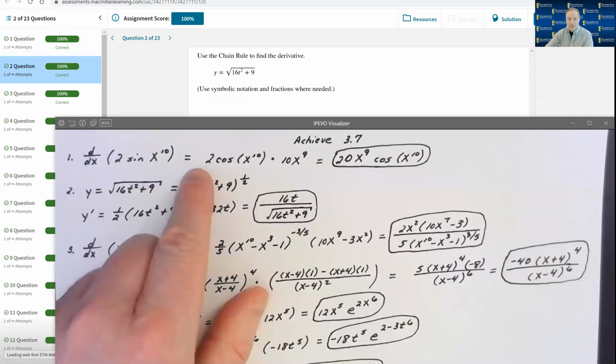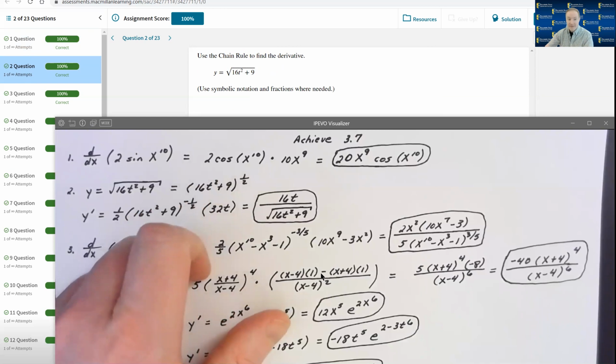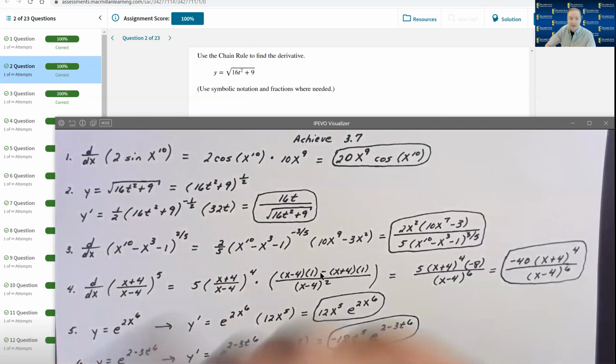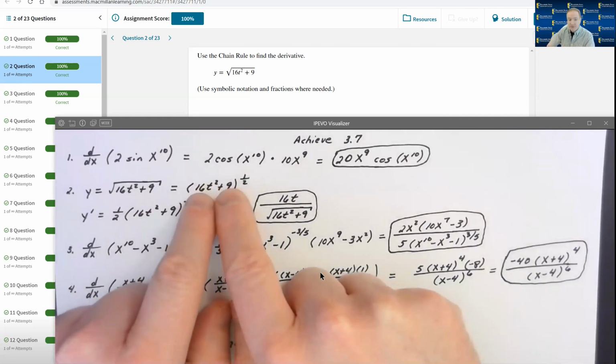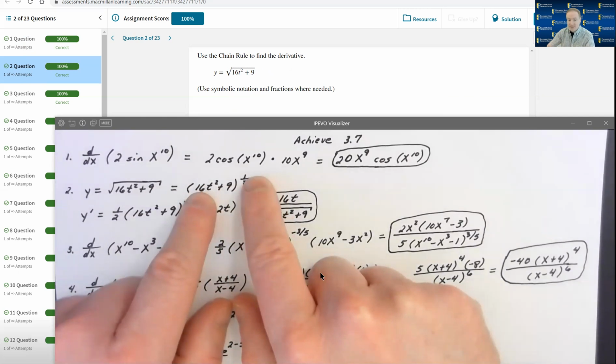For the next problem, it asked me to find the derivative using the chain rule of y equals the square root of 16t squared plus 9. In order to do that, it's best if you first understand that the square root means that we have the group 16t squared plus 9 to the 1/2 power.